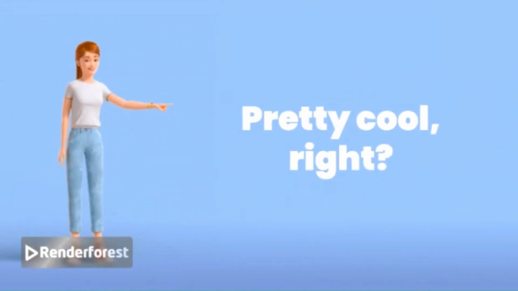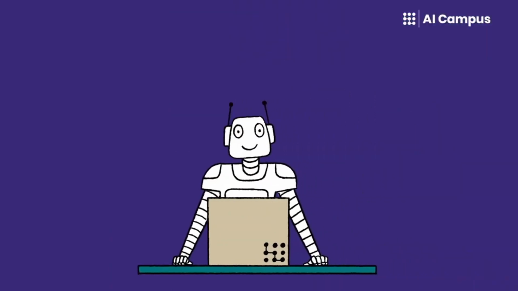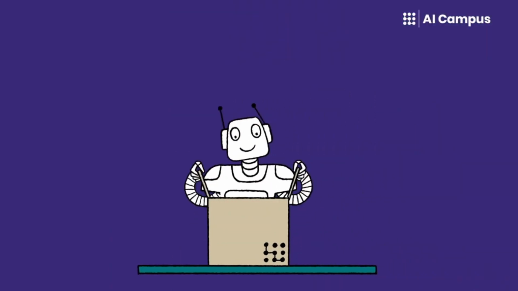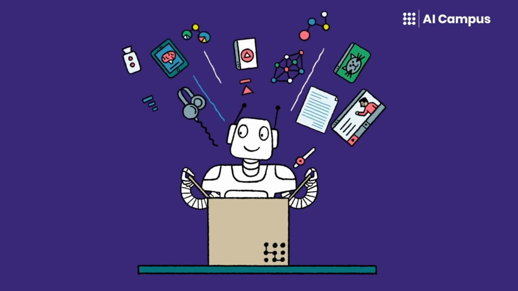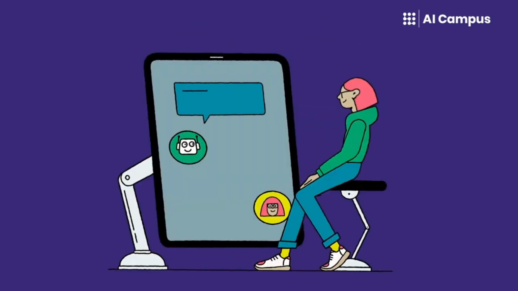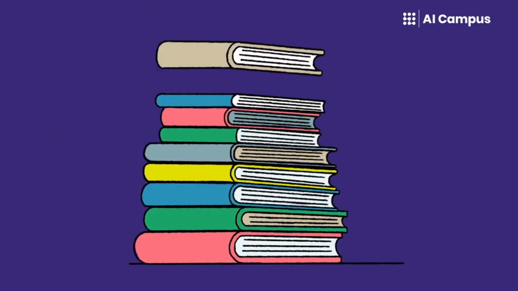Cool, right? All right, let's dive into some of the cool tech behind ChatGPT, but don't worry, I'll keep it simple. So, ChatGPT is built using a special type of AI called a transformer model. Specifically, it's the GPT-4 architecture, and GPT stands for Generative Pre-trained Transformer.